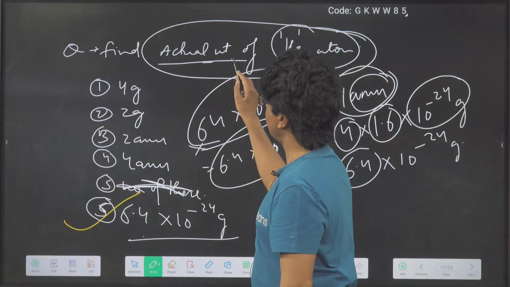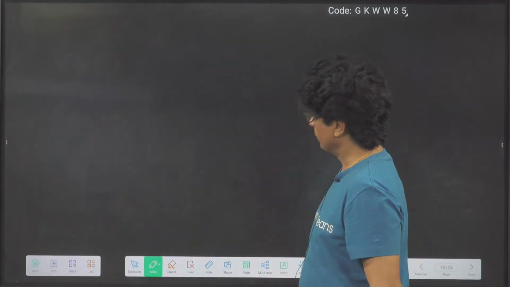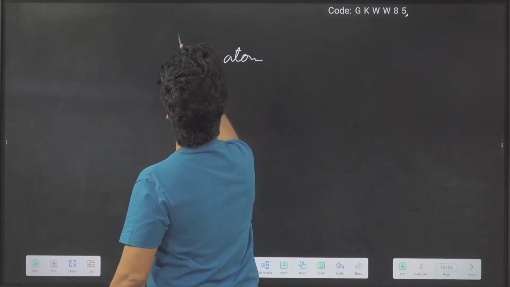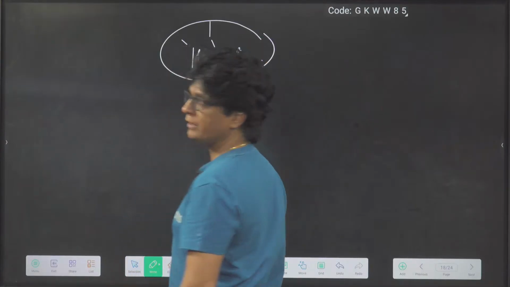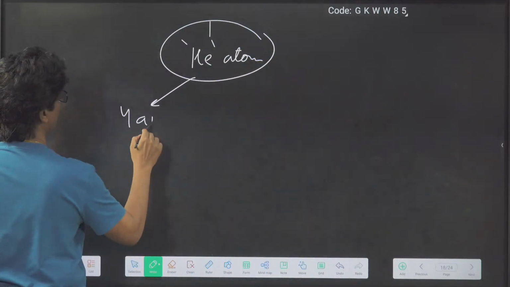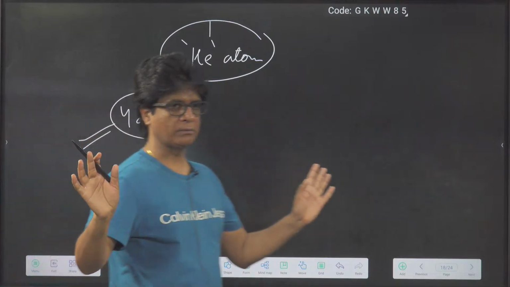Actual weight is expressed in terms of gram. You are not understanding. See, listen to me. Let's talk about helium atom. I'm talking about 1 helium atom, right? For 1 helium atom, the weight is 4 AMU, and that is correct, no doubt about it, right?